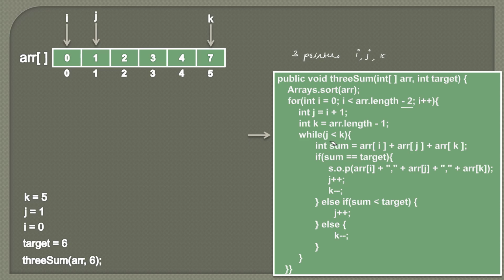As we want to find 3 distinct numbers, we have provided a while loop, and the condition is j should be less than k. So j and k will traverse through this array. j will traverse in this direction and k will traverse in this direction, covering the elements. This while loop will go till j is less than k, because if j is equal to k, both j and k will point to the same number, which we don't want. So j should be less than k.